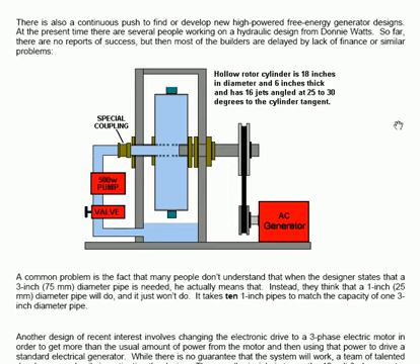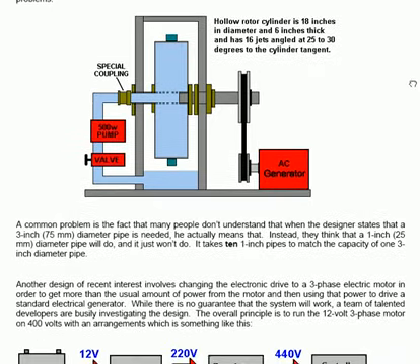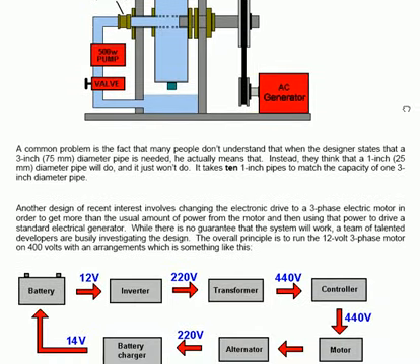Instead, they think that a 1-inch 25 millimeter diameter pipe will do, and it just won't do. It takes 10 1-inch pipes to match the capacity of one 3-inch diameter pipe. But people who try it will find that out the hard way, and generally they'll discover how to do it. That system is also available from the website.